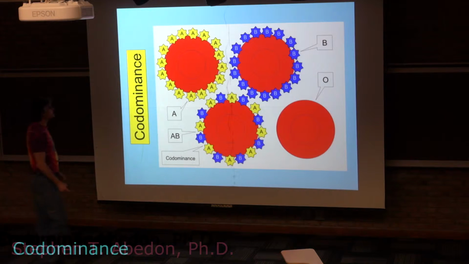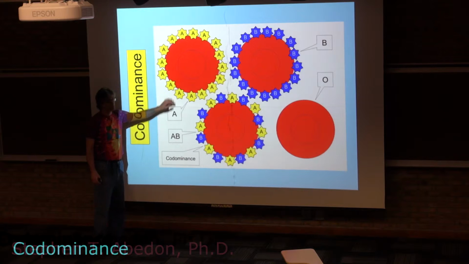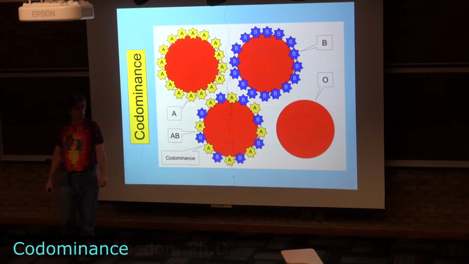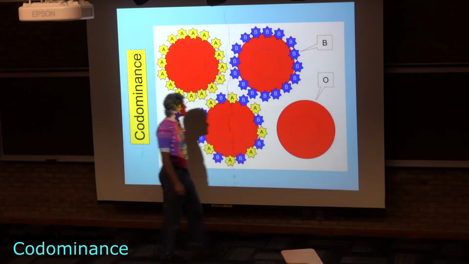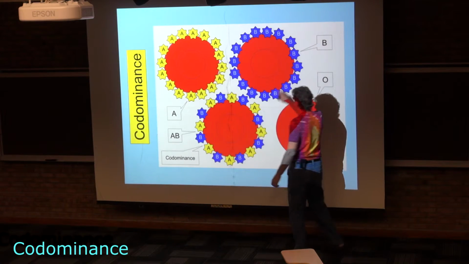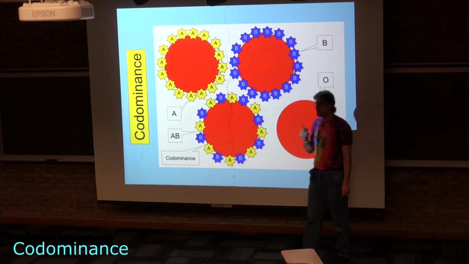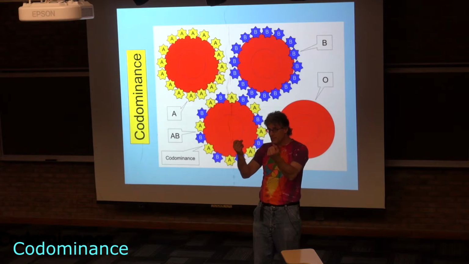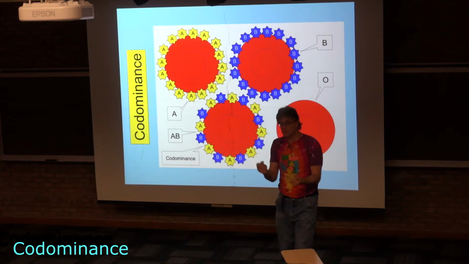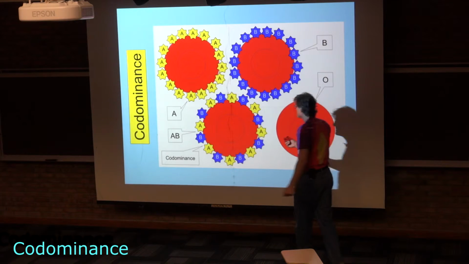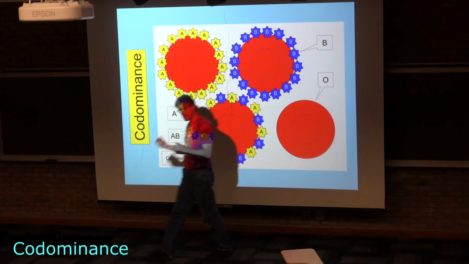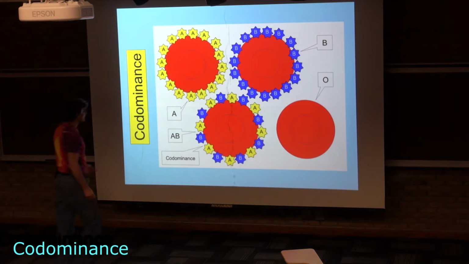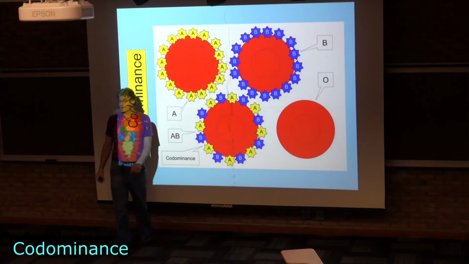And so if you have an enzyme that gives rise to the A antigen and only that enzyme, then you'll have blood type A. If you have the enzyme that gives rise to the B antigen and only that enzyme, you'll have blood type B. But if you have the A enzyme and the B enzyme in the same individual, then you end up with the antigens corresponding to both the A and B alleles, in which case you're a type AB.